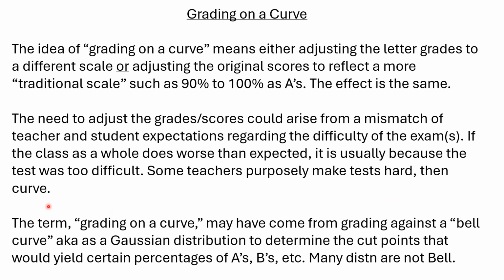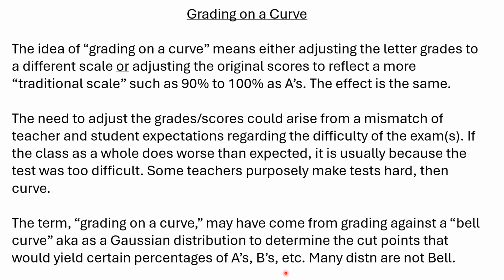The term grading on a curve may have come from grading against a so-called bell curve. This distribution is also known as a Gaussian distribution as well as a normal distribution. And what we do is we use this distribution to determine the cut points that would yield certain percentages in the class that would get A's, B's, C's, and so on.